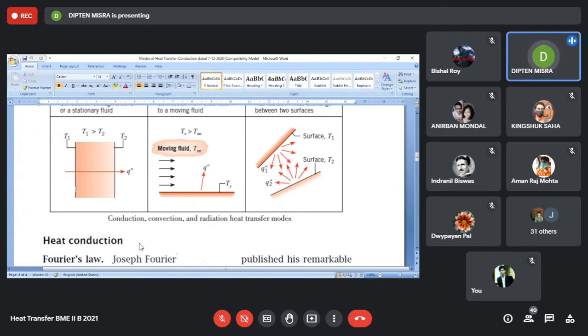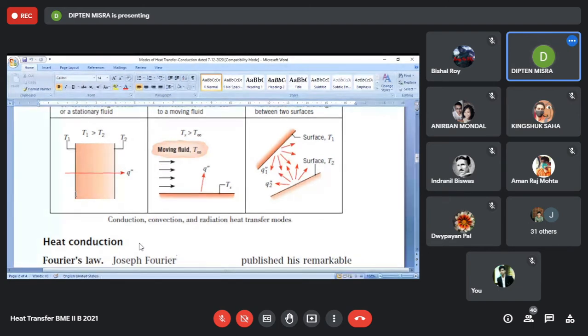Mostly, to do that, we will try to find out the heat transfer rate per unit area. Even though our interest is to find the rate of heat transfer through the entire surface, sometimes it is necessary to find the rate of heat transfer per unit area of the surface.